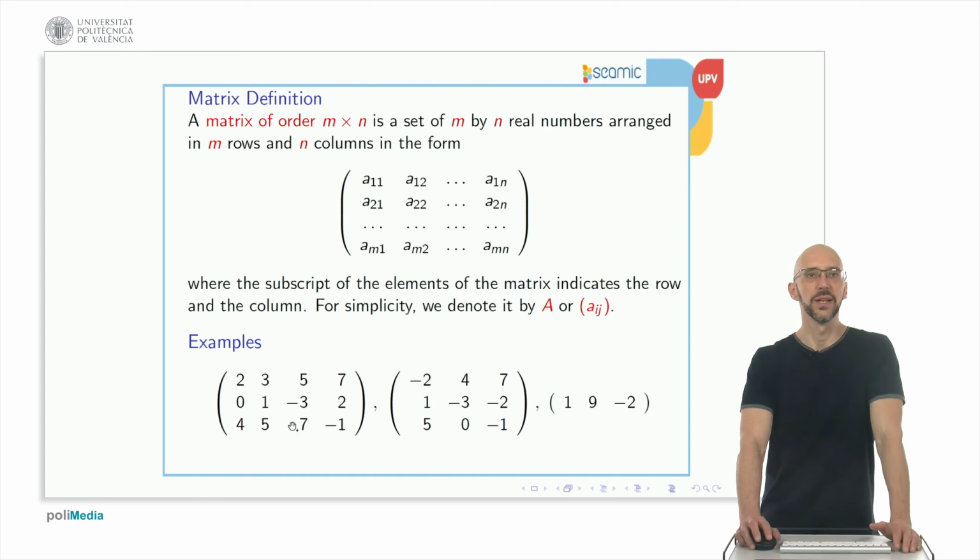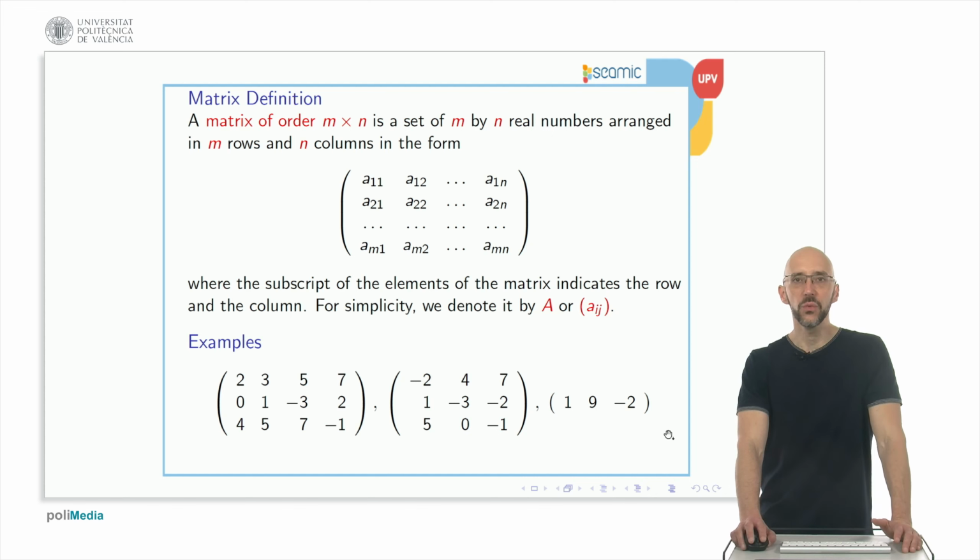Let's see some examples. This is a matrix with 3 rows, 4 columns. This is a matrix with 3 rows, 3 columns. This is a matrix with just 1 row, 3 columns. Be careful with that.